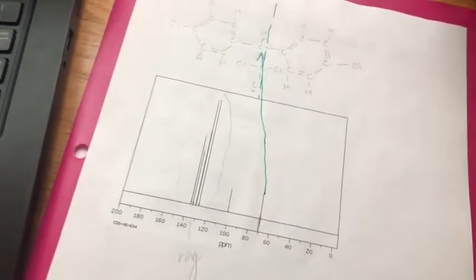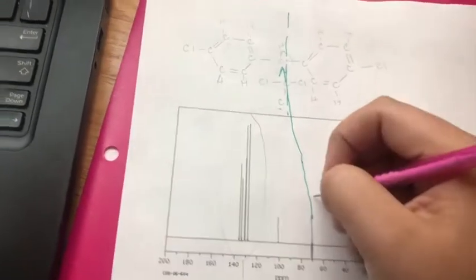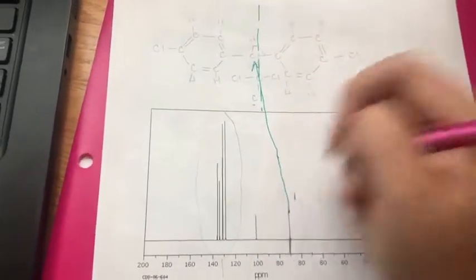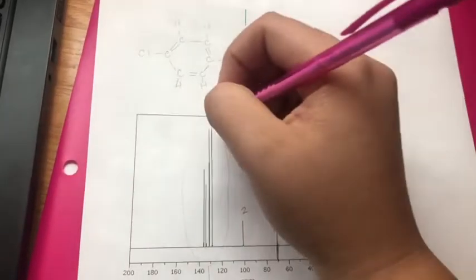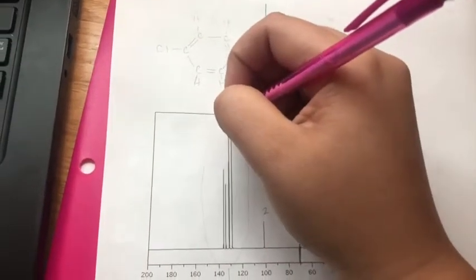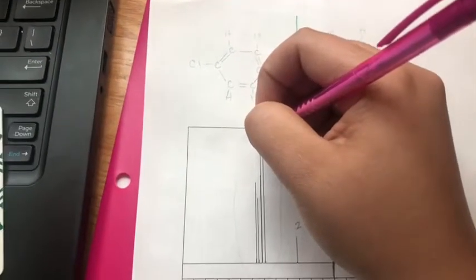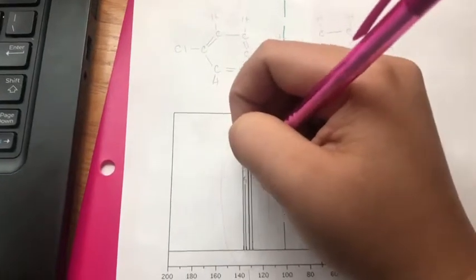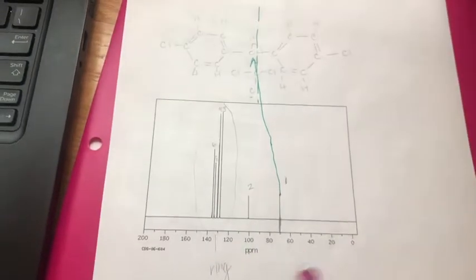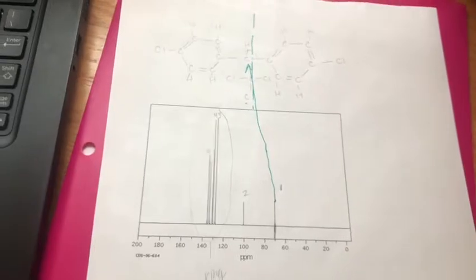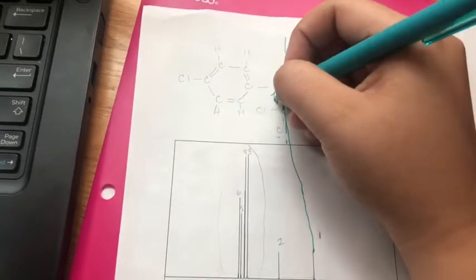And actually, let's number these peaks. We'll go 1, 2, 3, 4, 5, 6. So this is carbon 1.